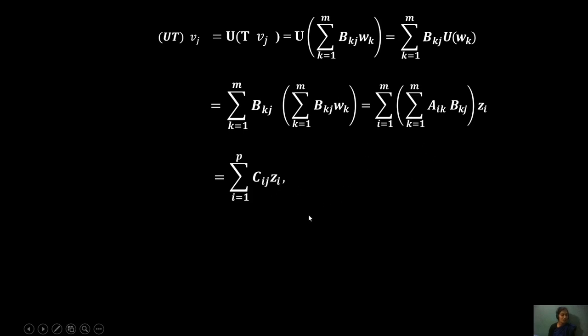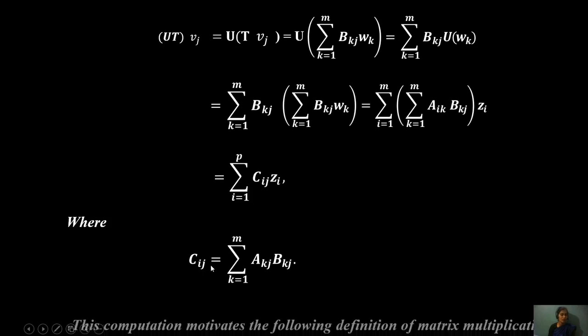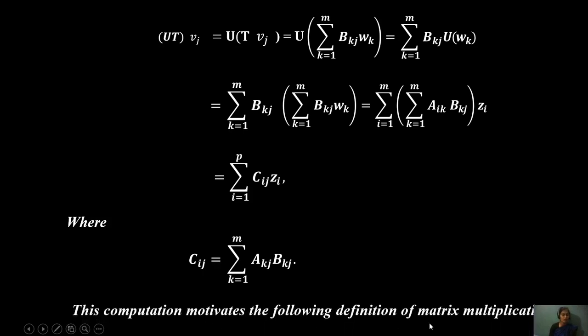This is called cij, where cij equals the summation over k equals 1 to m of aik bkj. This is the computation of matrix multiplication.